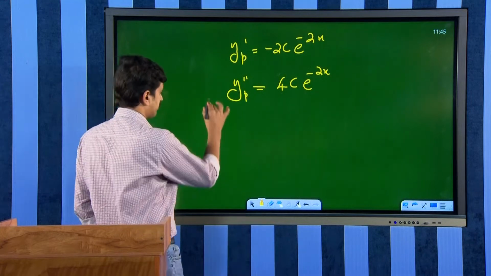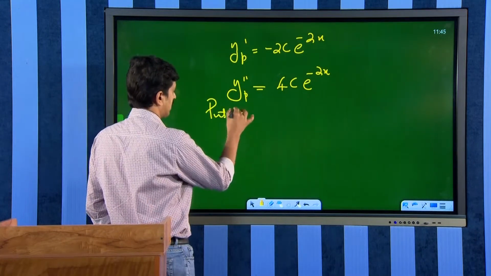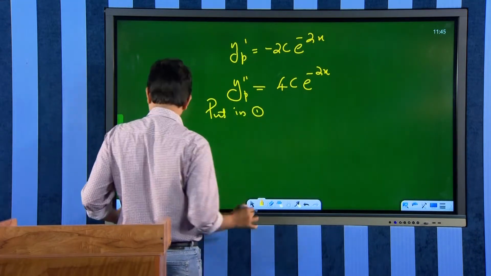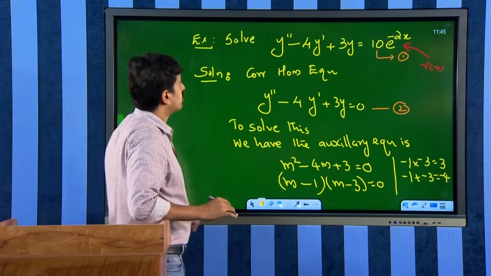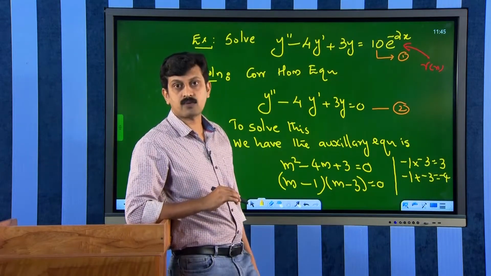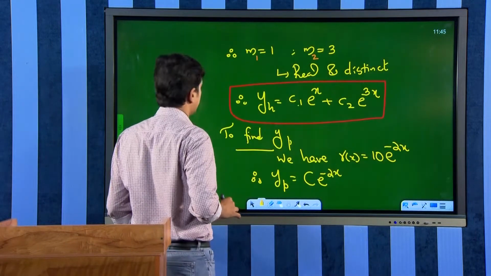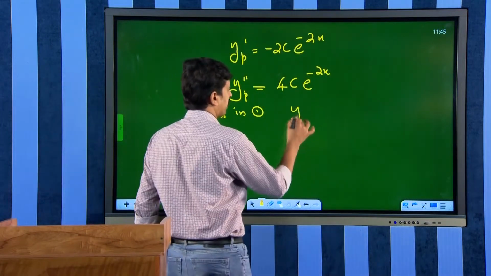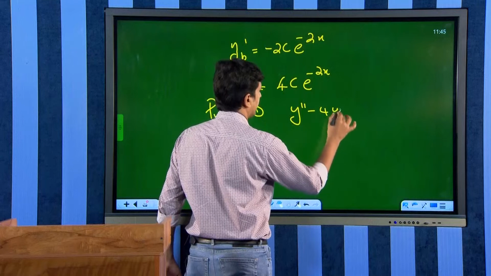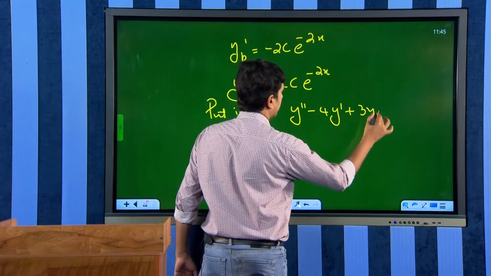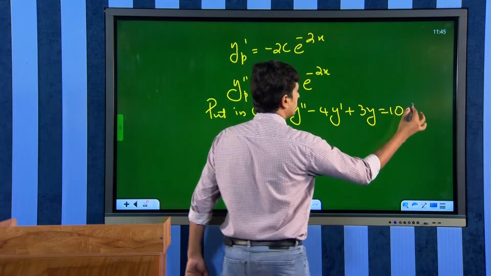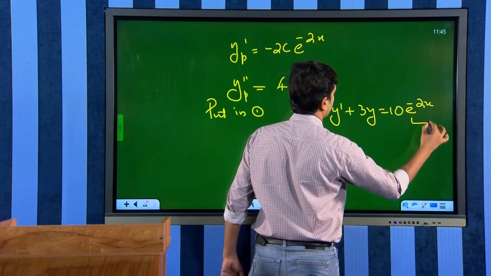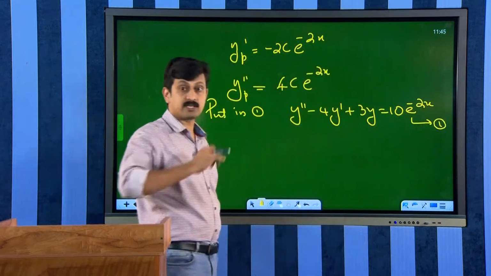Put in equation 1. Come back, we have equation 1 as y double dash minus 4y dash plus 3y is equal to 10 e raised to minus 2x. Okay, fine, dear students.